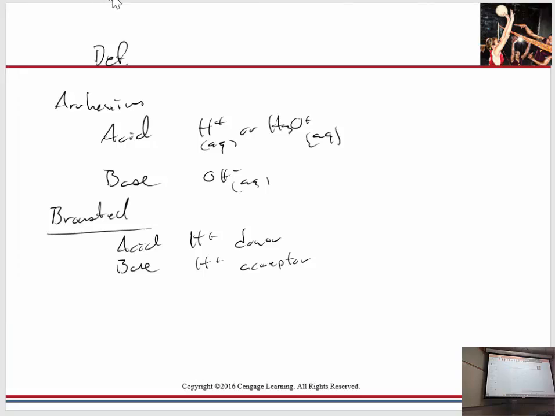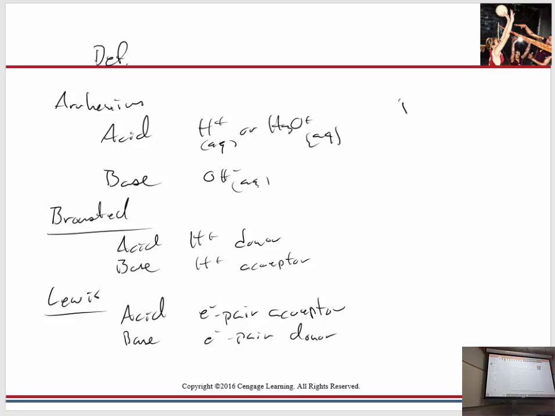So for Lewis, an acid is defined differently. An acid is an electron pair acceptor. And a base is an electron pair donor.